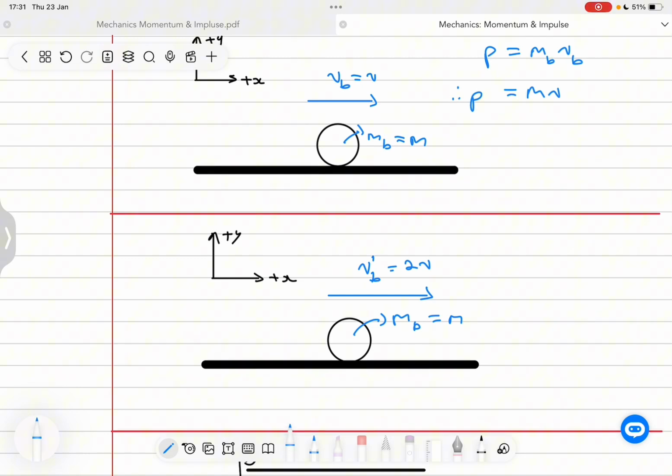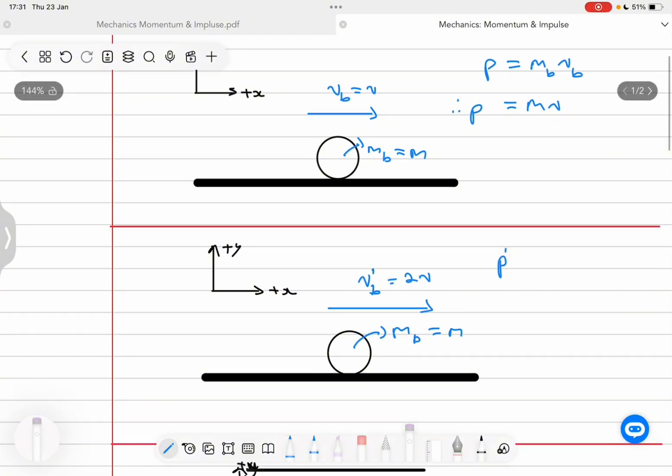Now in this case, if we were to calculate the momentum, it will be given by p prime. I'm going to write p prime here because this velocity is not the same as this one. The velocity has changed in this case, so we're not going to get the same value. Here I'm going to have mass of the ball times velocity of the ball prime, because the velocity now is v_b prime.